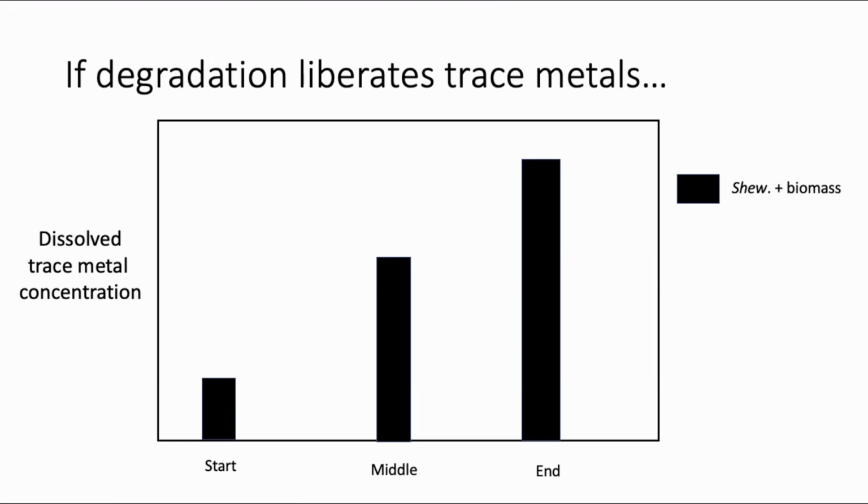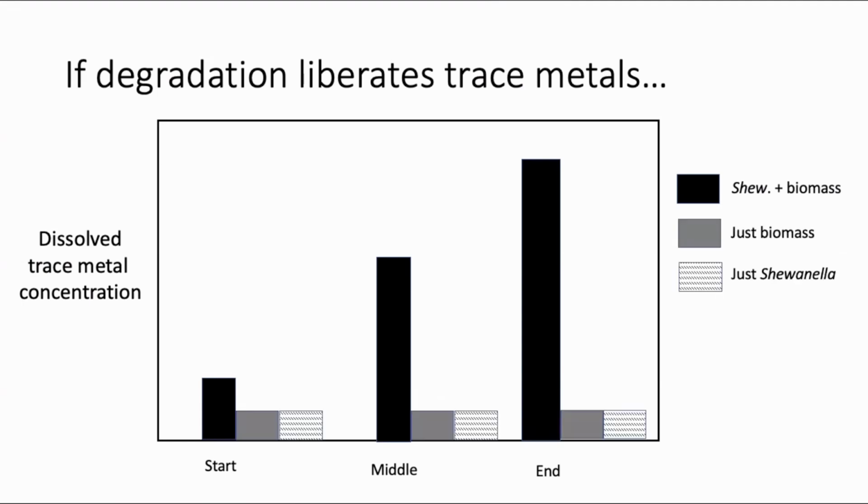So we would expect to see something like this, wherein we have a distinct trend and a very high trace metal composition in our experimental vials where Shewanella is fed the biomass, but yet no change, just for example, in these controls with just biomass in gray and just Shewanella present in this kind of pattern bar.